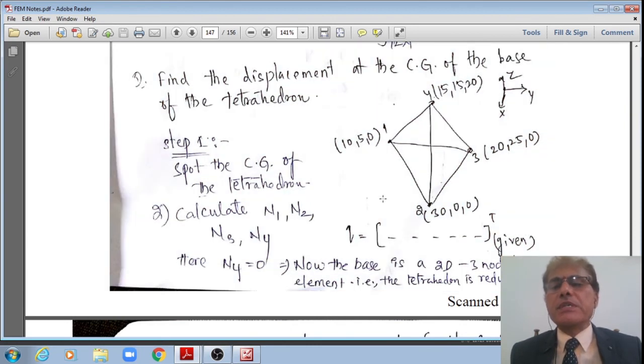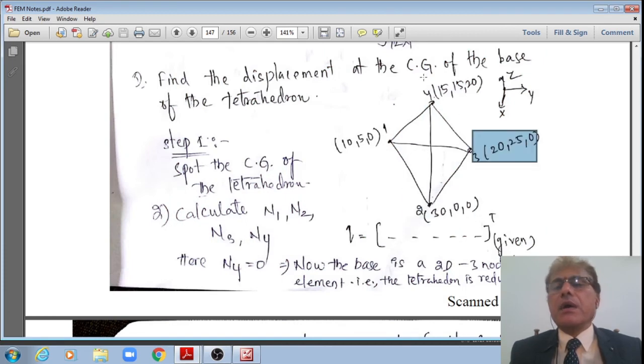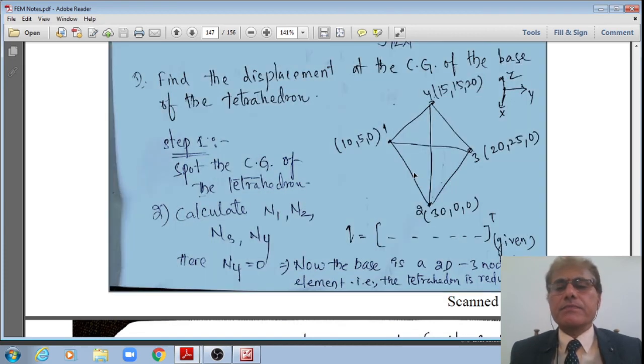If those displacements are given, let us say instead of these as the coordinates, if I assume them as the displacements, let us say the first node will displace along x direction by an amount of 10 mm, or 10 units, right, and in the y direction by 5 mm and z direction by 0 mm, right. Likewise the displacements of the second and third and fourth nodes are now given, right.